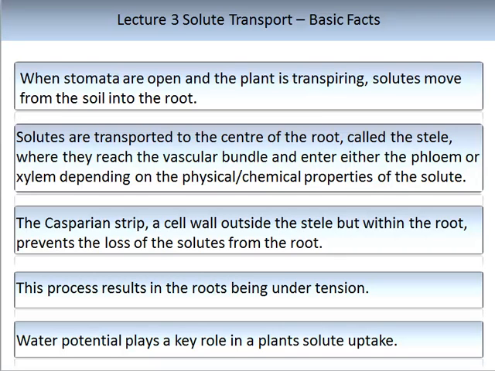The Casparian strip is a component of the cell wall outside the stele, but within the root structure, and it is important as it prevents the loss of solutes from the root. The process results in the roots being under tension. Therefore, water potential plays a key role in plant solute uptake.